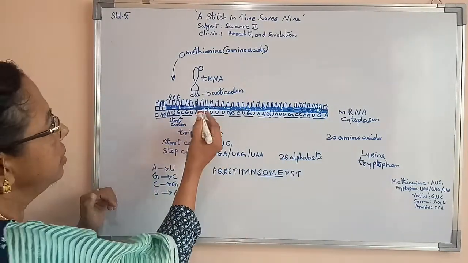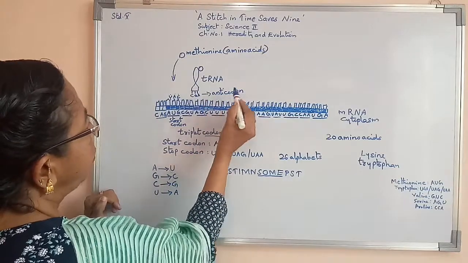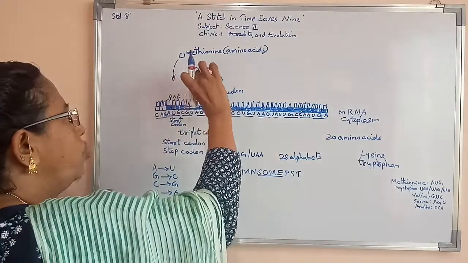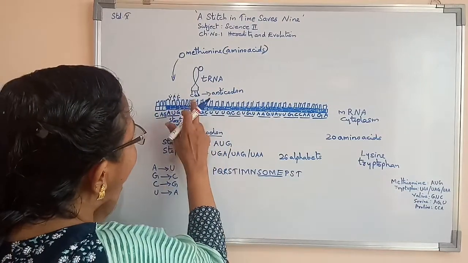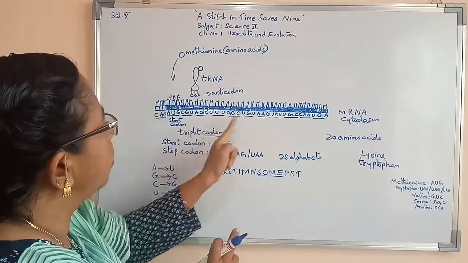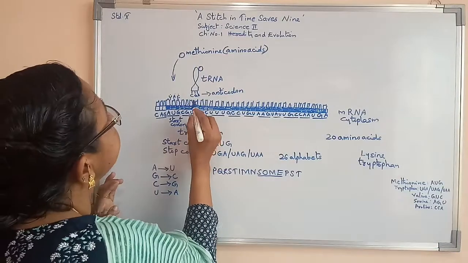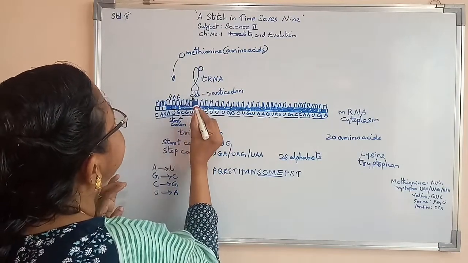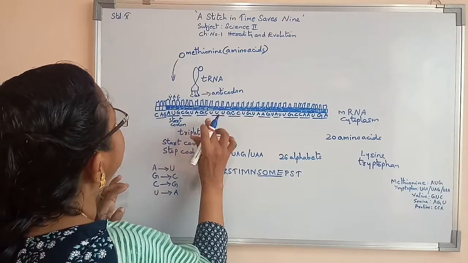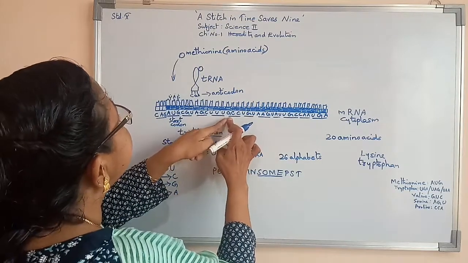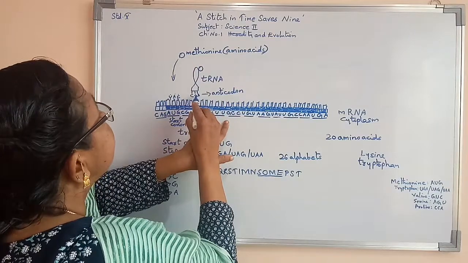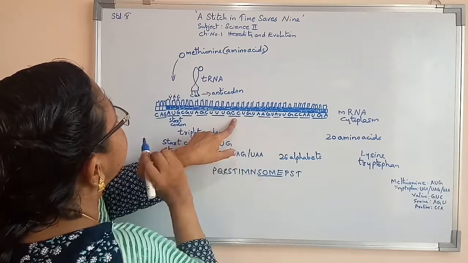Now here the CGA anticodon is moving, searching or reading where a suitable triplet codon is there. For that it is searching. So now C is there, G should be the starting letter. Where G is there, here G is there, then C should be there, that is also there.